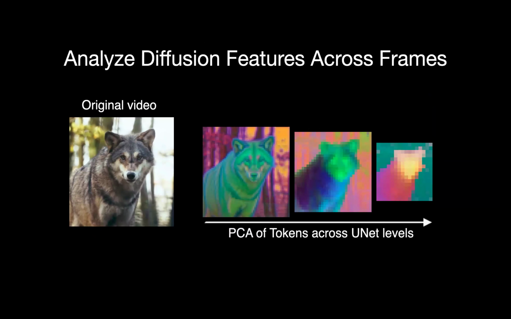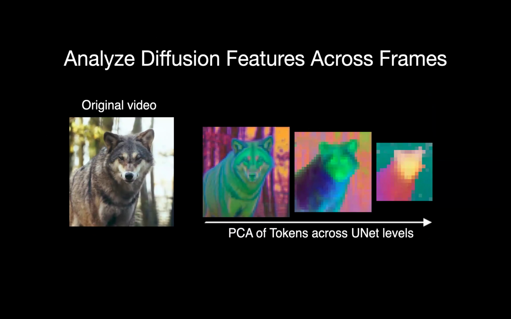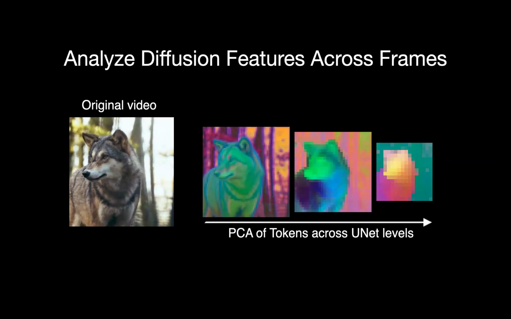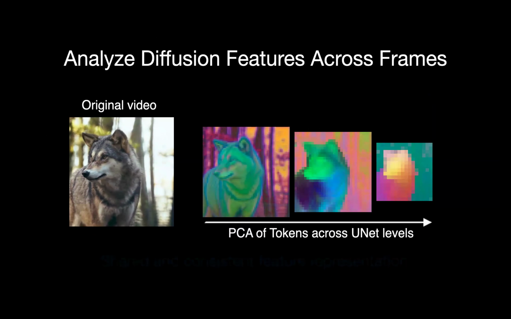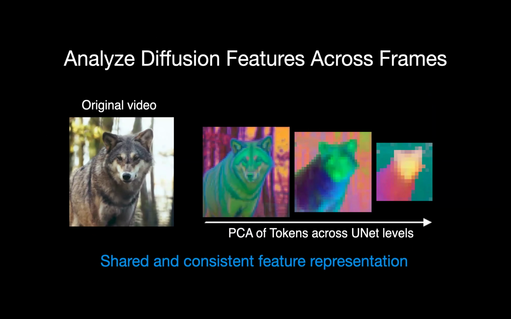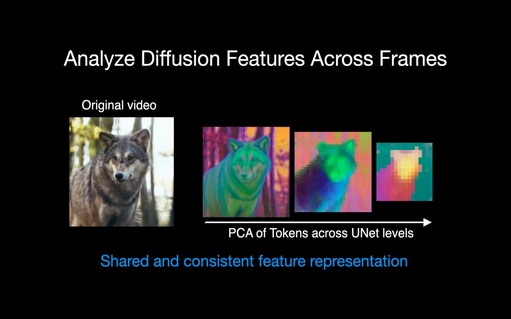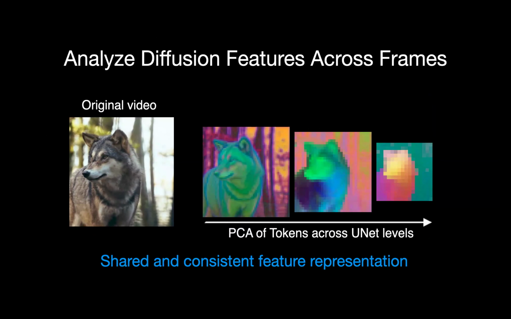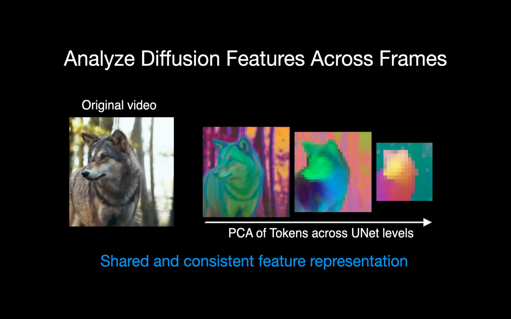Here you can see the PCA visualization of different features across different UNet levels. And what we can observe is that the internal representation exhibits this shared and consistent representation across frames. So we see consistency in RGB, and we see the same level of consistency in the internal features of the diffusion model.